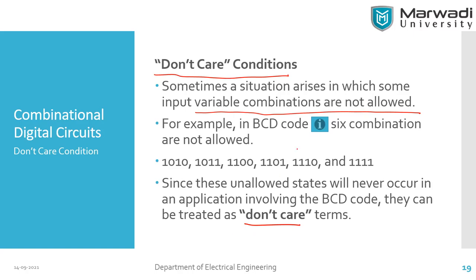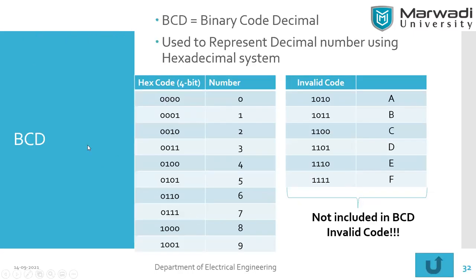For example, in a BCD code, BCD stands for binary coded decimal. We will study about that later. In case of BCD, we have a situation like this.